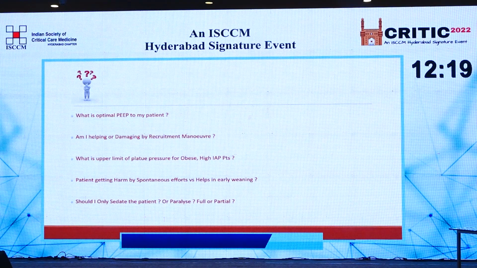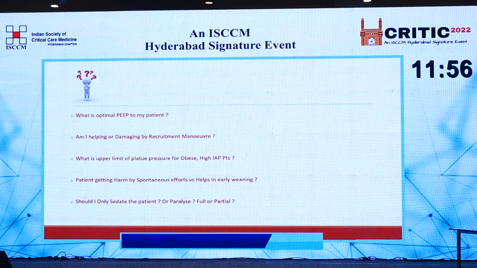What will be your upper limit of plateau pressure? There are a lot of theories and guidelines from the ARDSNet trial that your plateau pressure needs to be limited to 30. Then over the last half a decade, we are hearing that it's not only plateau pressure, we talk about driving pressure. We also came across the physics where you are talking about the mechanical power of your lung.